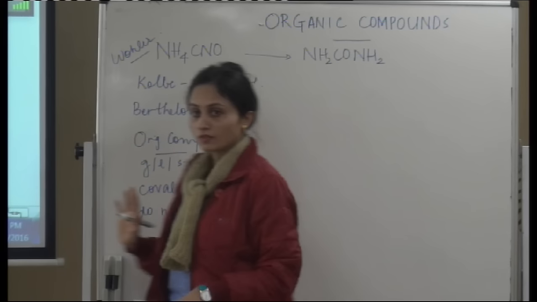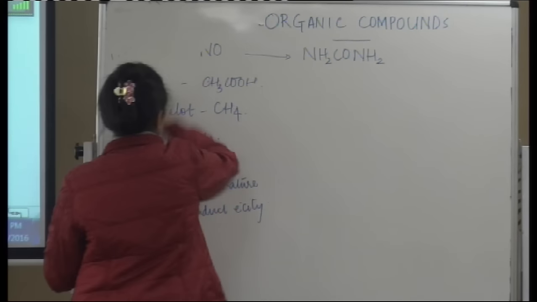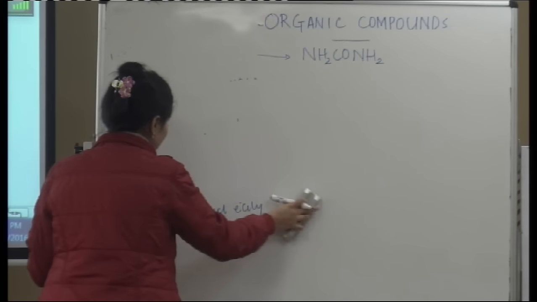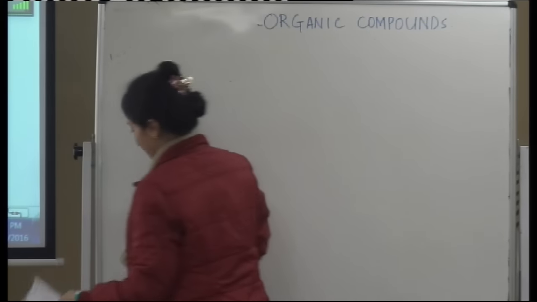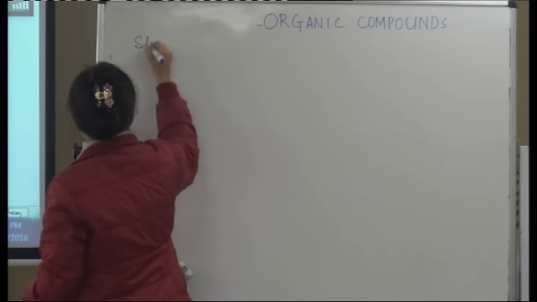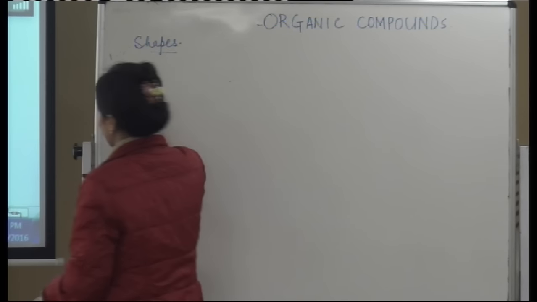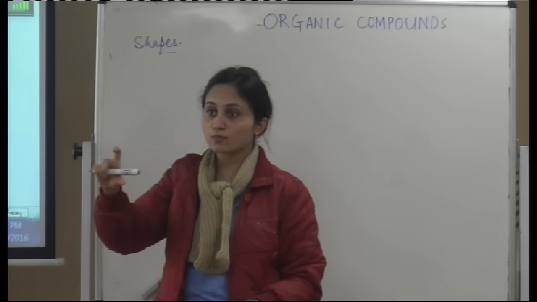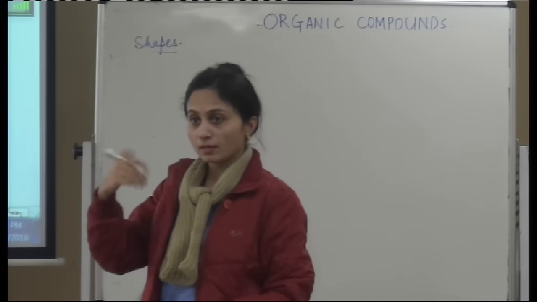Okay, now let's start off with some of the basic compounds in general. This was just an introduction that you must have got earlier also. The main thing is that whenever we talk of the carbon compounds, we essentially talk about the shapes also. And whenever we talk about the homologous series, it is the series which differs from each other by just a CH2 group, and then they belong to the same family.